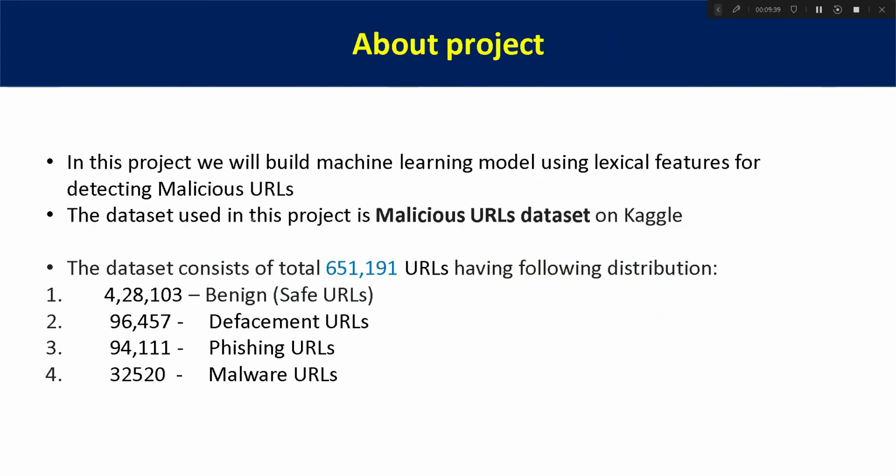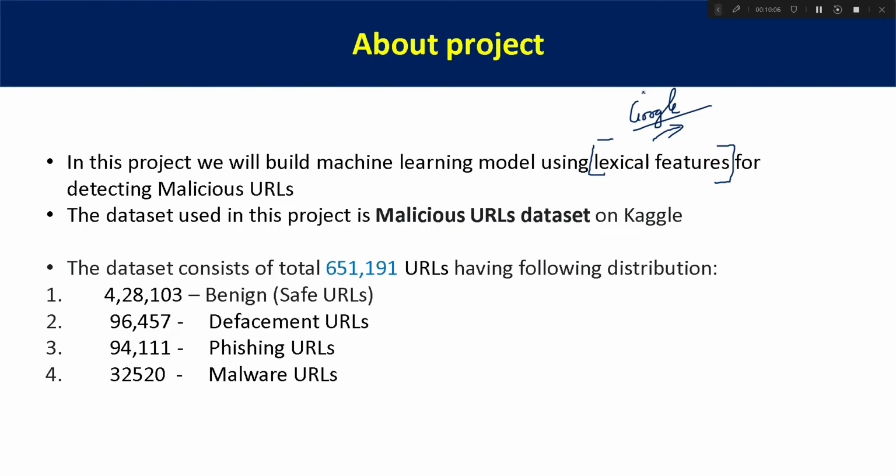So what is this project all about? In this project, we will be building machine learning models, okay, using lexical features for detecting malicious URLs. And here, apart from lexical features, we'll also be using some content-based features, like whether the website is indexed on Google or not, right?